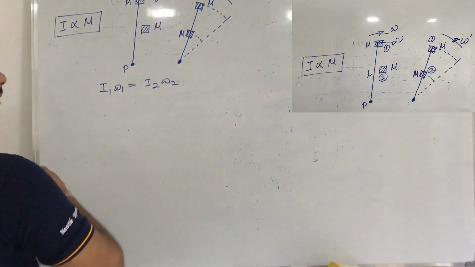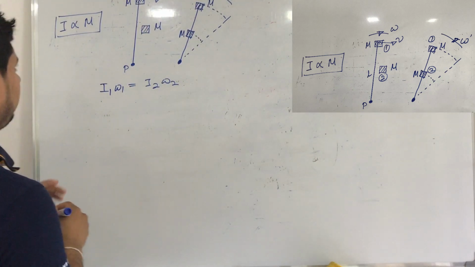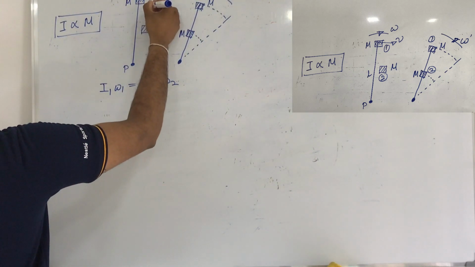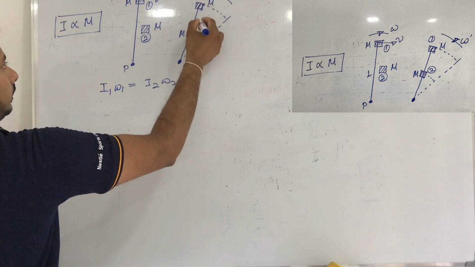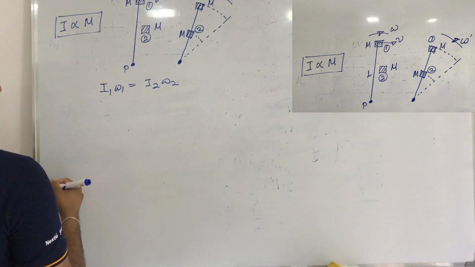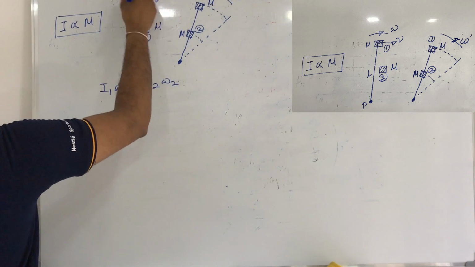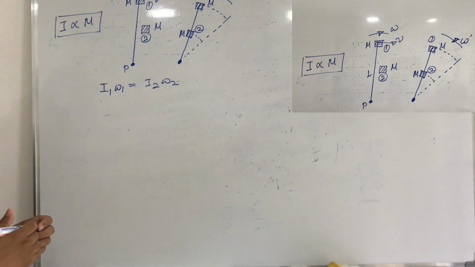So the only angular momentum is coming from this moving capital M. I can put this one as 1 and this one as 2. So this mass is 1 and this mass is 2. If you write the angular momentum for the first one, this is moving around an external point.